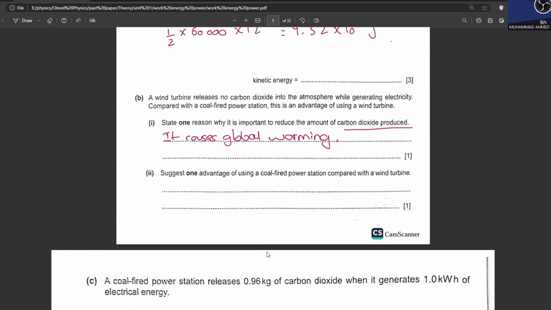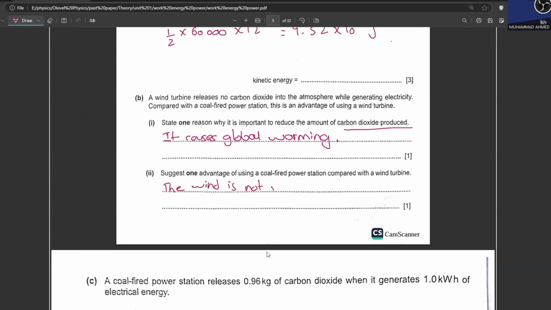That's pretty easy. The wind speed is not reliable and can change according to weather or time of the day.